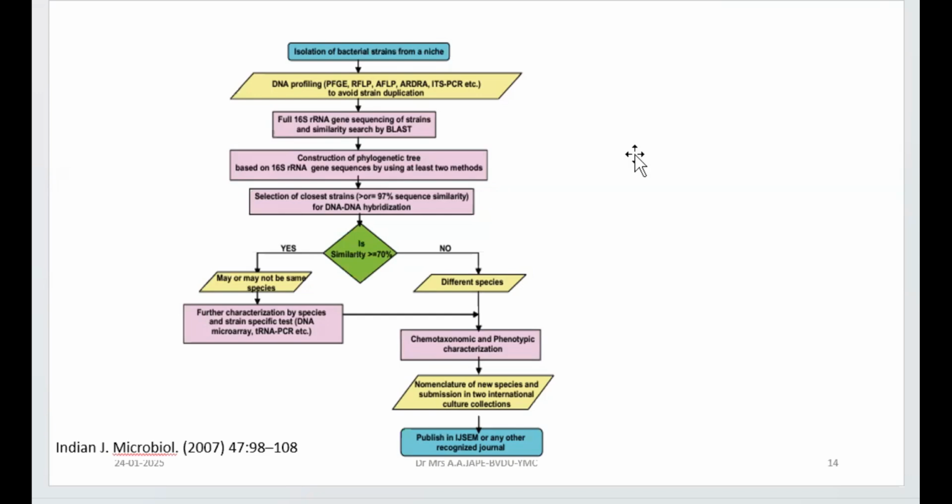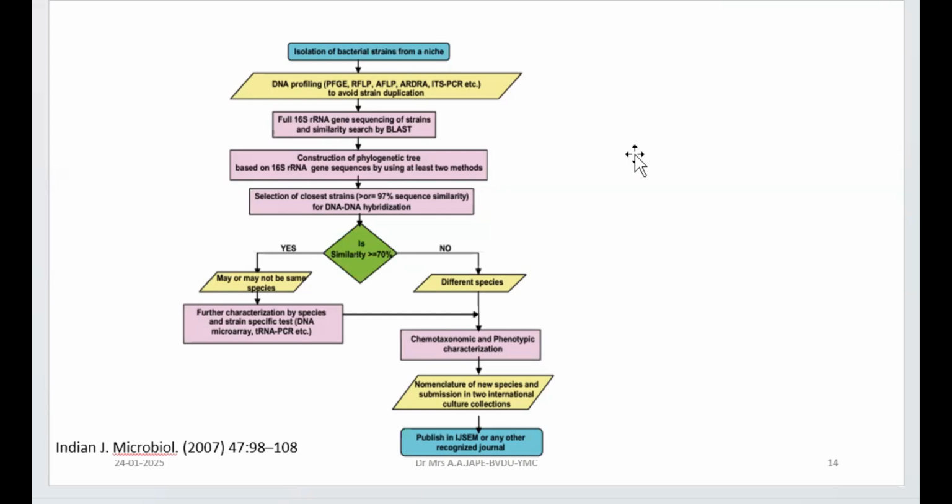So ITS-PCR, ARDRA, just now I spoke about it. Then RFLP, PFGE, these techniques are there. Then you are going to go for 16S rRNA gene sequencing of the strains and similarity search by BLAST.